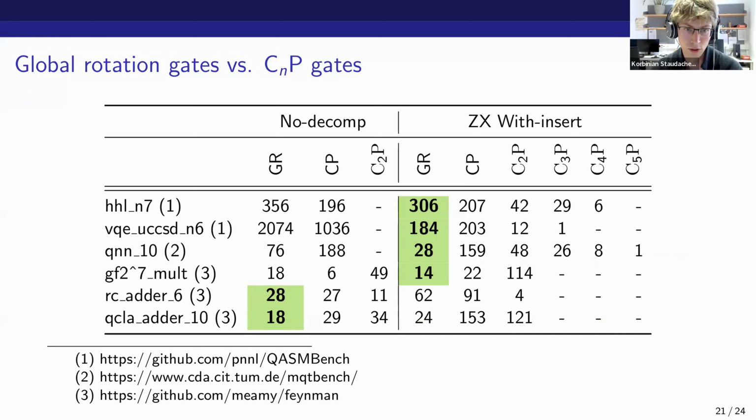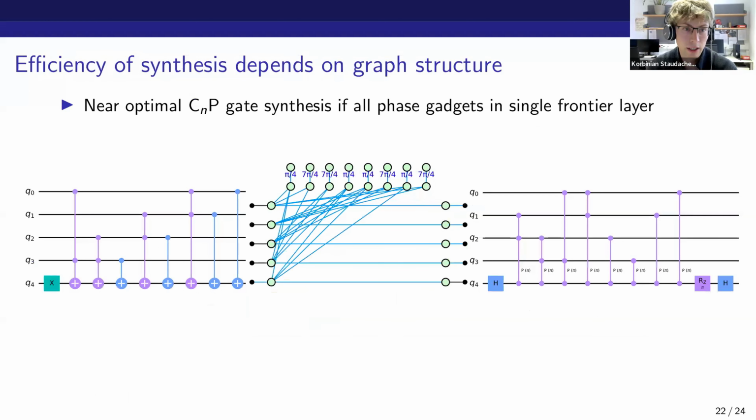So this then served as some kind of tool to identify those higher order structures in the circuit. I said it didn't work out that well in some cases, and this, in my opinion, is highly dependent on how our graph looks after the simplification, because here I plotted kind of an optimal result.